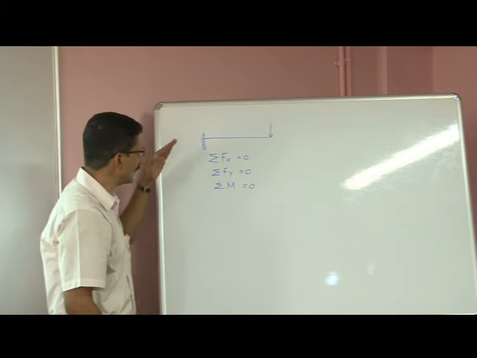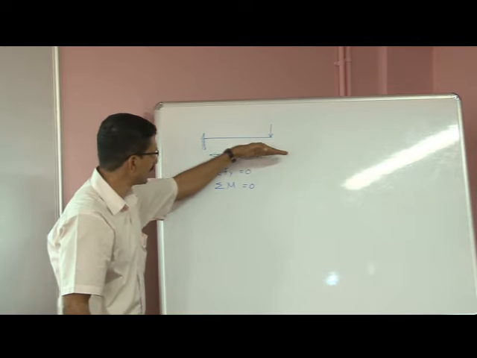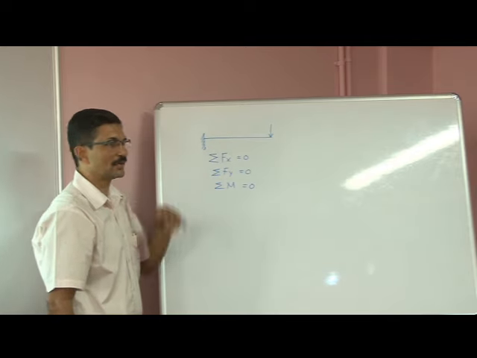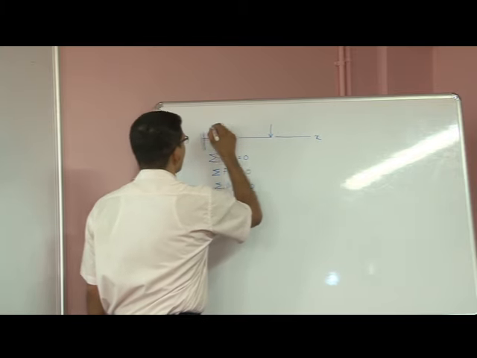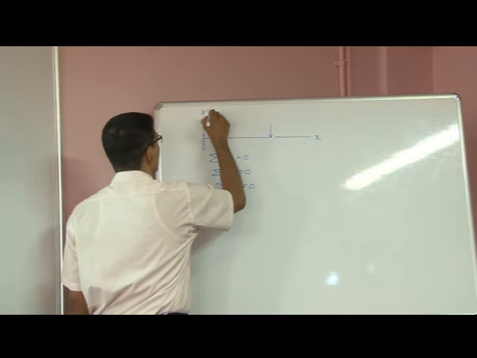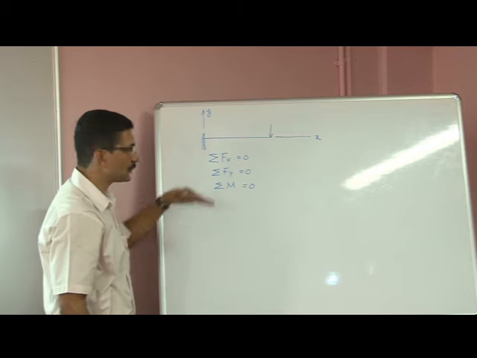They are essentially the algebraic sum of the force components along the x direction, say a horizontal x direction. Let this be the x-axis, let this be the y-axis. So the algebraic sum of the force components along the x direction is equal to 0.